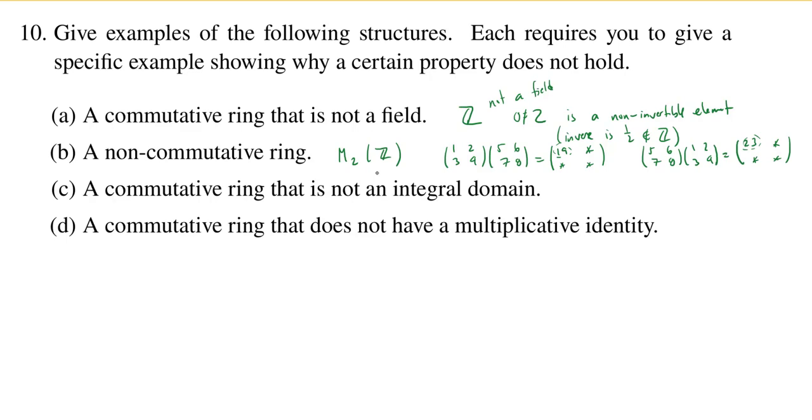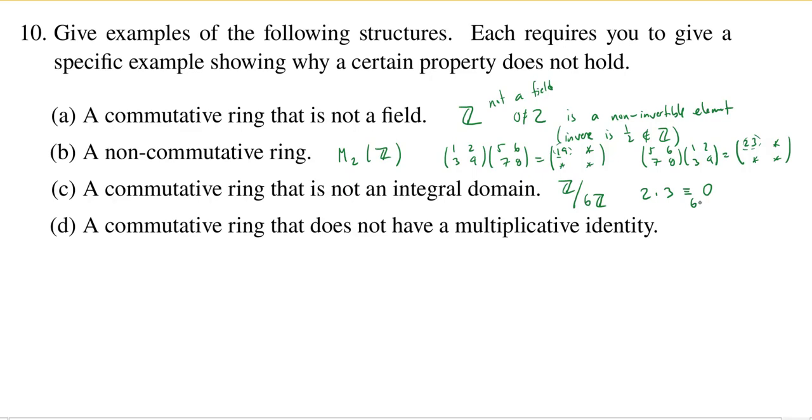And all we need to do is take a non-prime number. So if we take, for example, Z mod 6Z, then inside here we have 2 and 3. As usual, we use these to denote the equivalence class of 2, but we're being lazy. We know that 2 times 3 is congruent to 0 modulo 6.